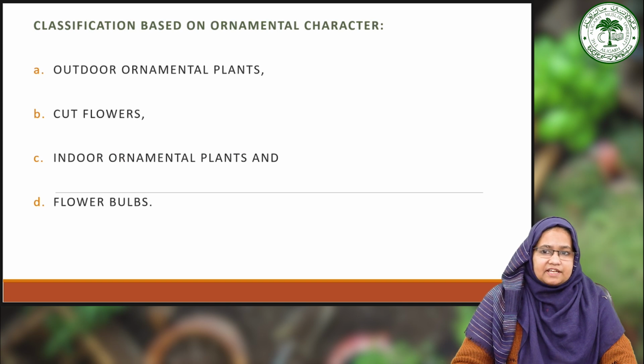The next type of classification is based on ornamental characters. Ornamental plants are divided into 4 groups according to their intended use or application. These are outdoor ornamental plants, cut flowers, indoor ornamental plants and flower bulbs.